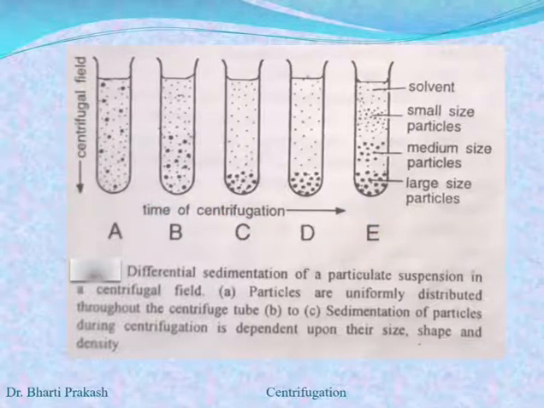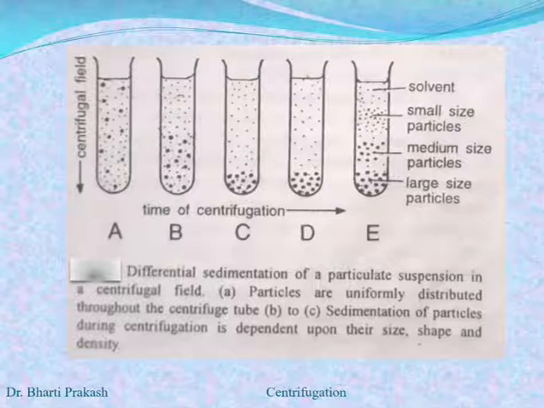We can see in the tube A, all the particles in the homogenate are homogeneously distributed throughout the centrifuge tube. In B and C, we can see that the sedimentation of particles during centrifugation is dependent upon their size, their shape and their density.